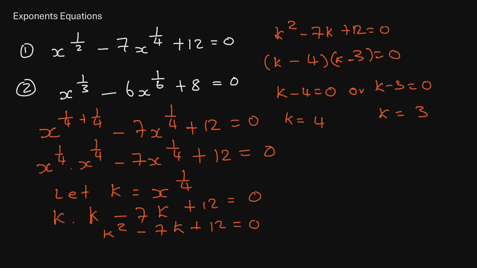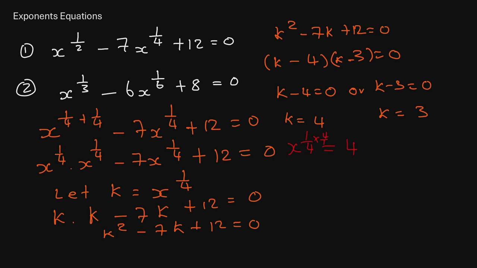But now remember, we have k as being equal to x to the power of 1 over 4. So we are going to substitute k as x to the power of 1 over 4, and therefore we equate it to 4. So now we are solving for x. But remember, when you solve for x here, we just multiply by the reciprocal of the exponent. So if we have 1 over 4, we multiply it by 4 over 1.